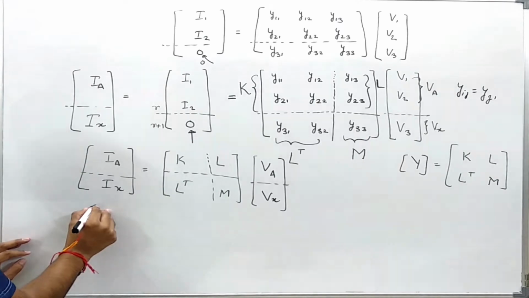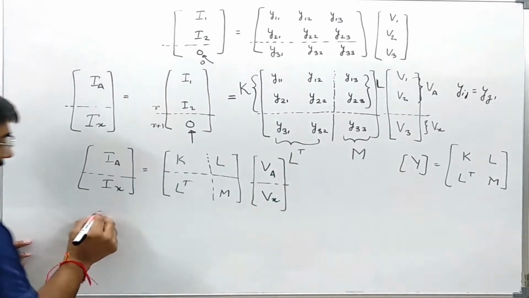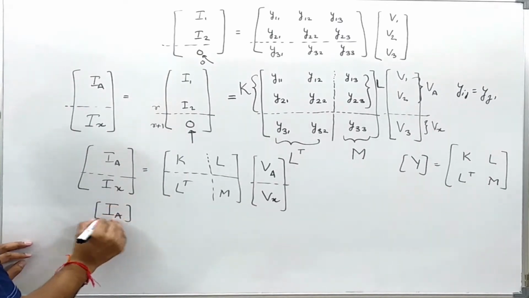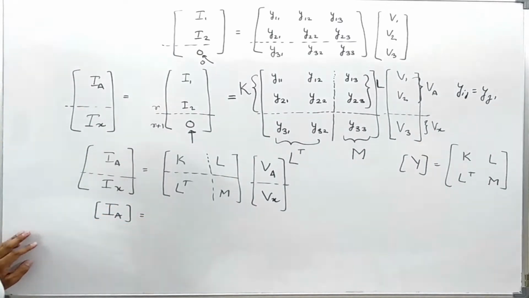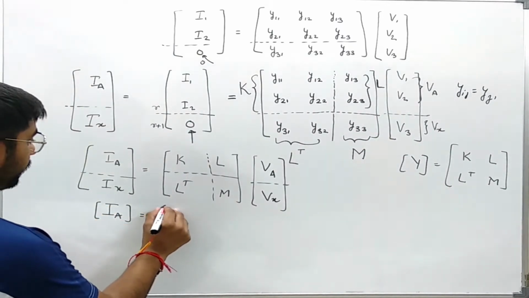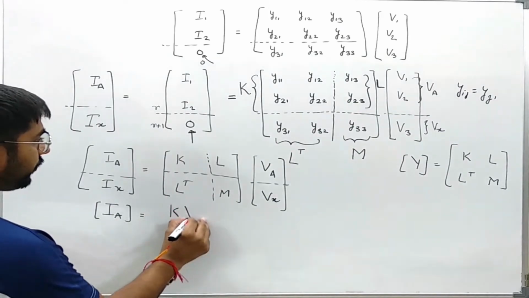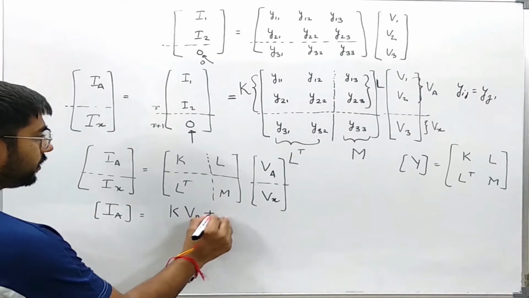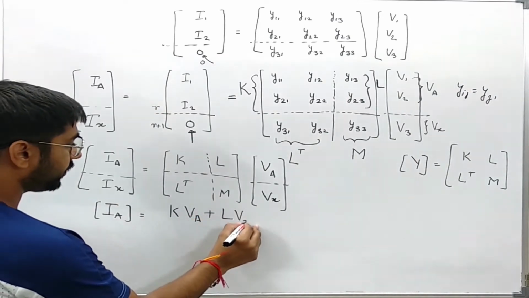Now you see, I can write from this equation that IA is equal to K VA plus L VX.